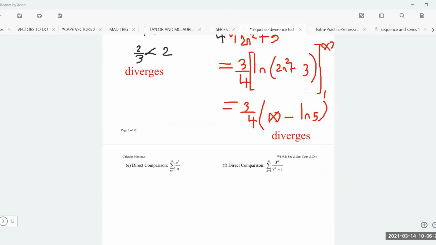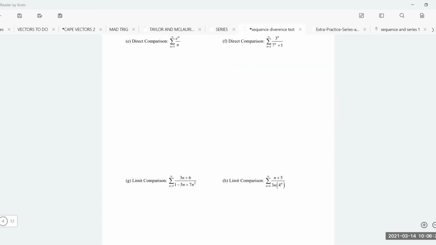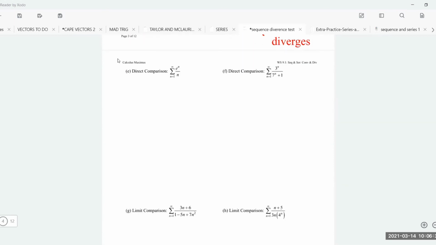All right, part E. Part E is to use direct comparison to evaluate the sum from 1 to infinity of e to the n over n. So if you're using direct comparison to evaluate this, direct comparison means D'Alembert's ratio test.